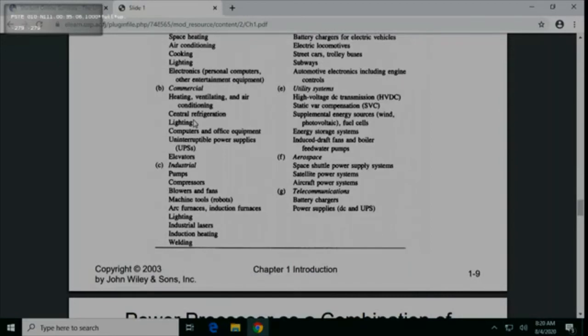Commercial: heating, ventilating, air conditioning, central refrigeration, lighting, computers, and office equipment. UPS: one of the most widely used power electronic devices nowadays is the UPS. Everyone needs a UPS, because we don't want our PC to turn off when we are working. We are also going to look at an example of a UPS. What is a UPS? What does it do?